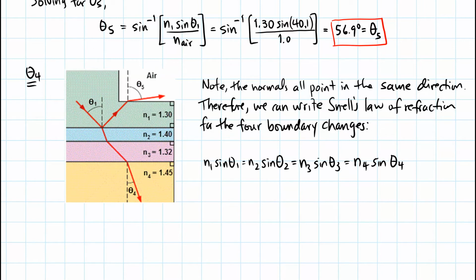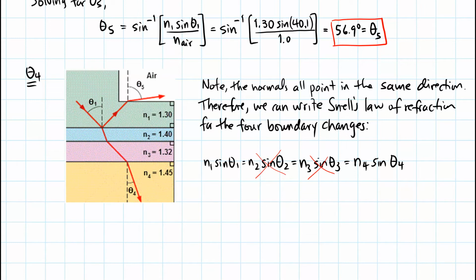In other words, I don't have to solve for θ2 or θ3. So what I can do is just ignore these and solely focus on solving for θ4 by knowing the information at medium 1.